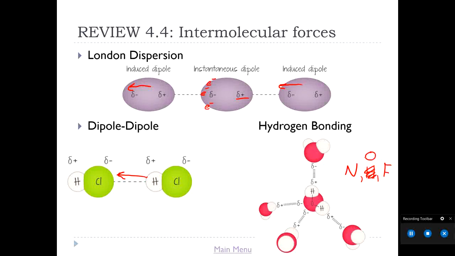If it has a hydrogen attached directly to one of those, like in water, then we will have hydrogen bonding present, which, due to the charge separation between hydrogen and those three other elements, gives a very strong dipole, so we get a very strong attraction.